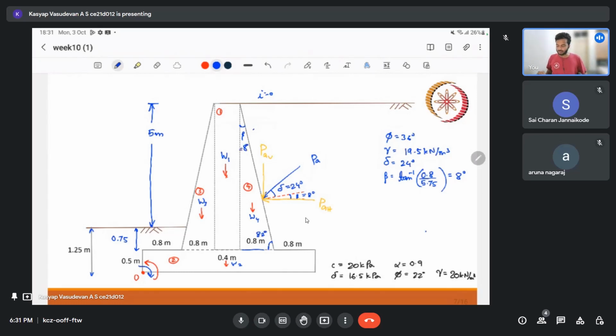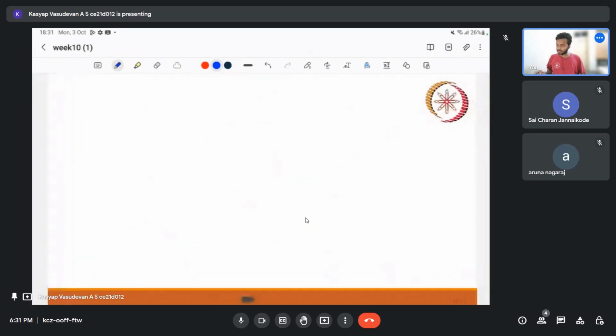Okay, so we know the angles, we can directly substitute and get the Ka value.